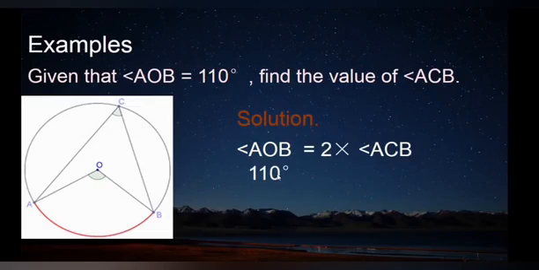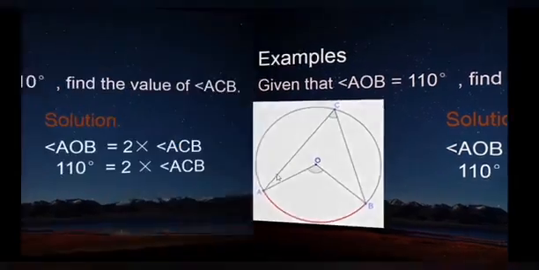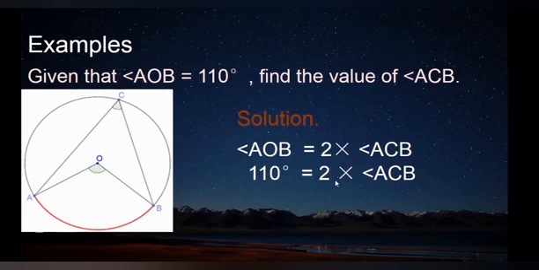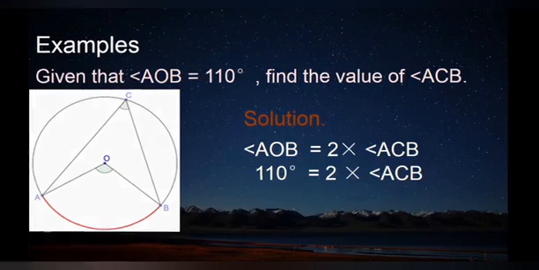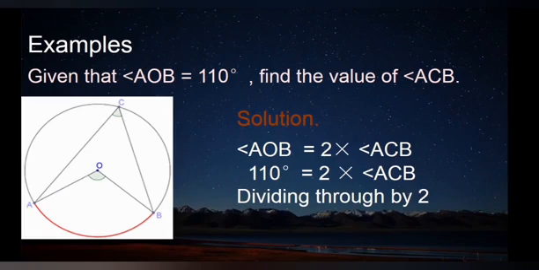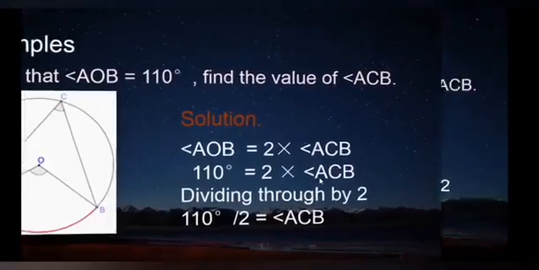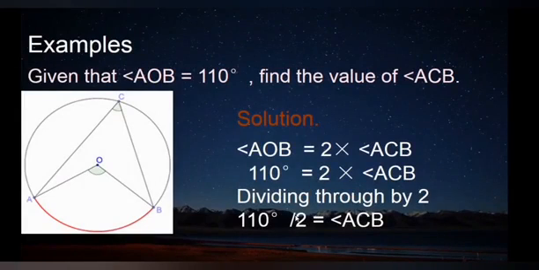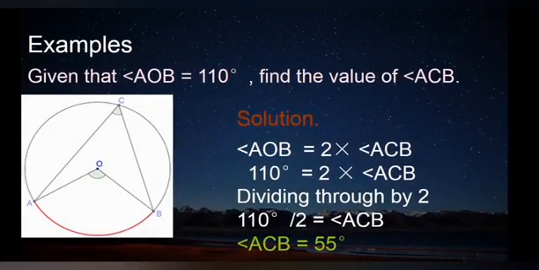So replace AOB with 110 and is equal to twice ACB. ACB is what we are looking for, so we're not going to give it a value. So we follow a step-by-step approach. If we divide through by 2, we will be having 110 divided by 2 equals ACB. And we can conclude from there that angle ACB is 55 degrees.